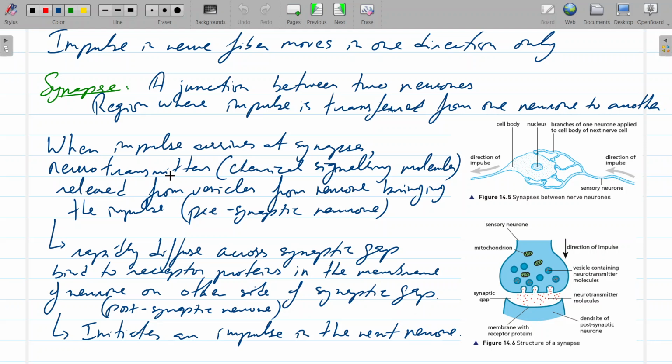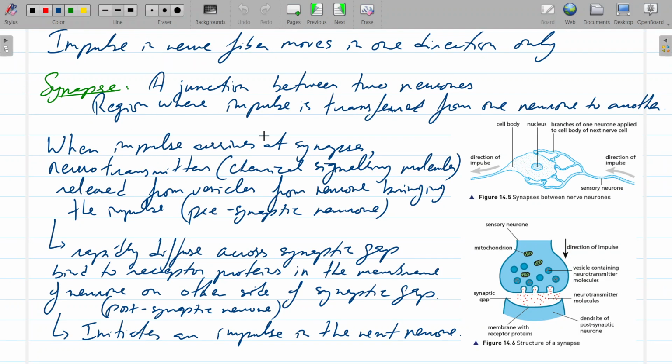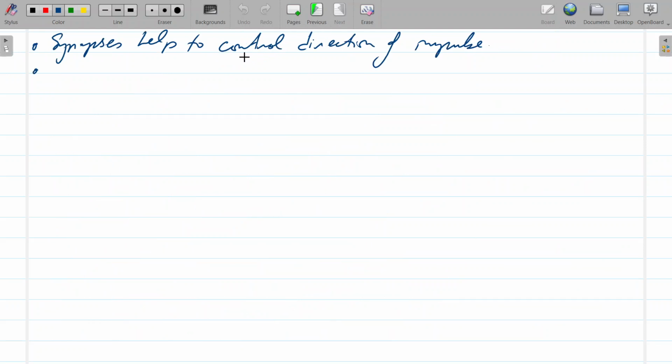Okay, the other thing they do is, because this takes time, right? The vesicle has to release the neurotransmitter, it has to diffuse, be received, and generate an impulse. So even though it's very, very quick, in the order of milliseconds, there is still a very slight delay because it takes time.